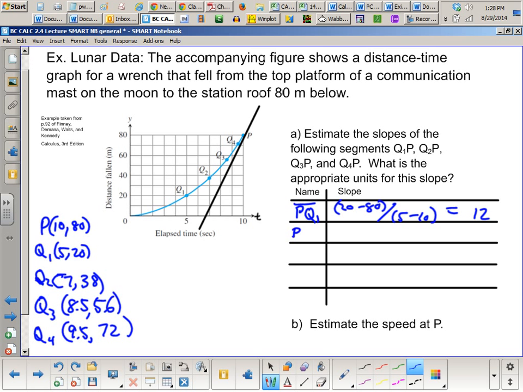And then if you want to do PQ2, now you're going to be using the 38 minus 80 divided by 7 minus 10. And that comes out to negative 42 over negative 3, and that's 14 exactly, see? And then you do the same thing with PQ3 and PQ4. And both of these come out very close to 16.